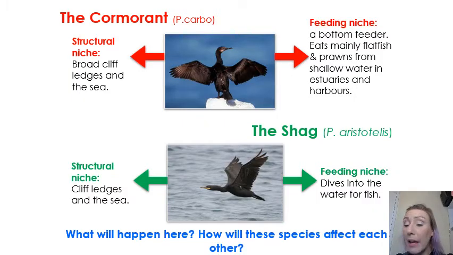Okay, so pause me while you have a good look at the information. The questions that I want you to think about are the questions at the bottom. What will happen here, and how will these species affect each other, if at all?